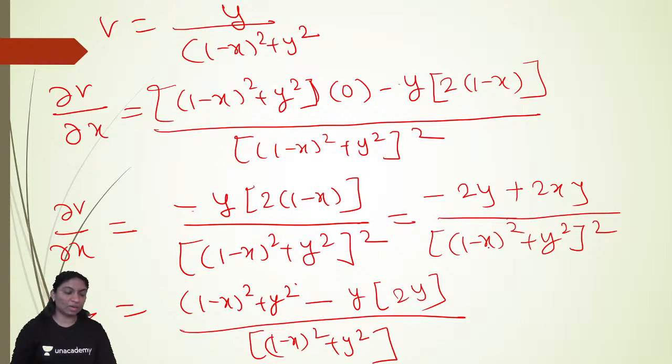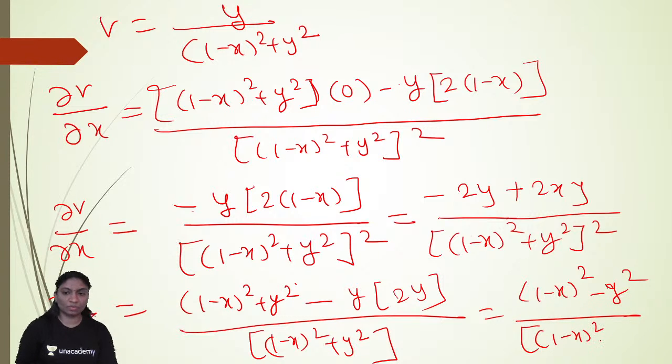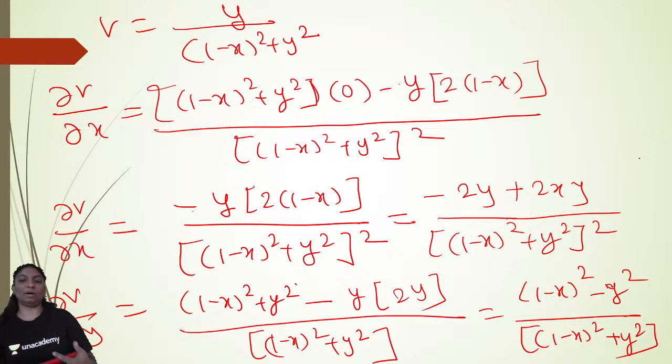So ∂v/∂y is nothing but ((1 − x)² + y² − 2y² ...) which gives ((1 − x)² − y²) upon ((1 − x)² + y²).